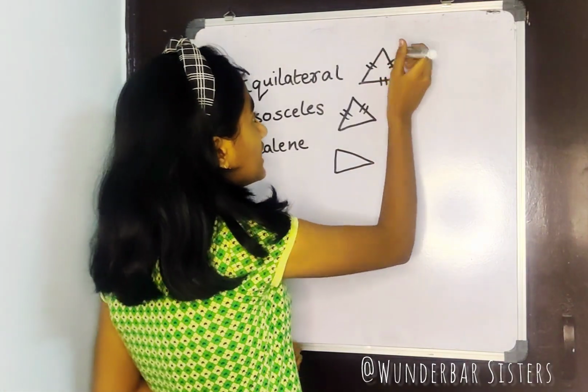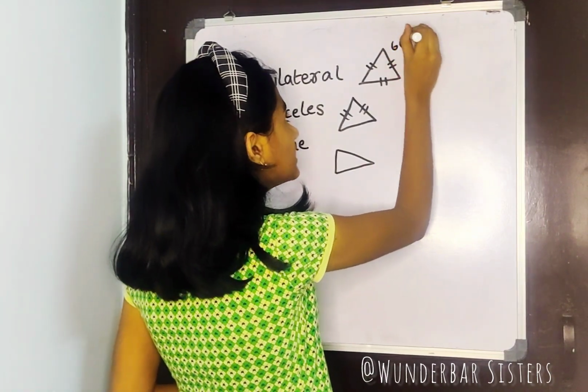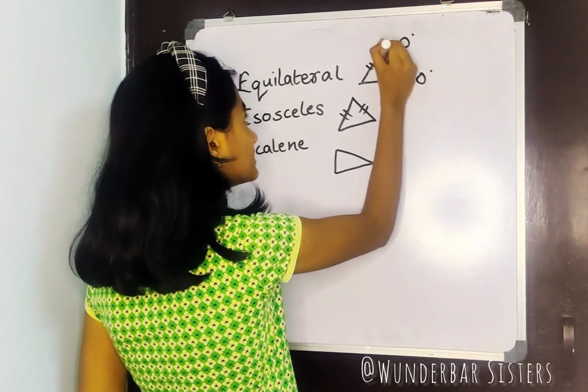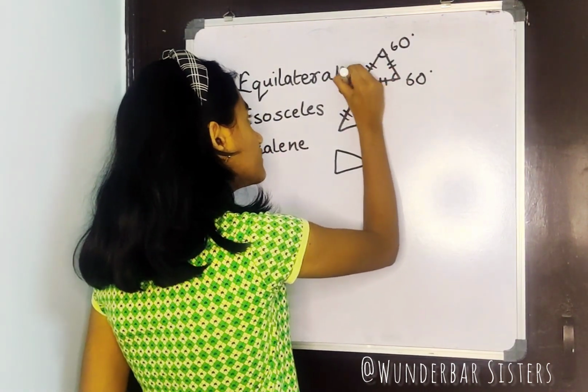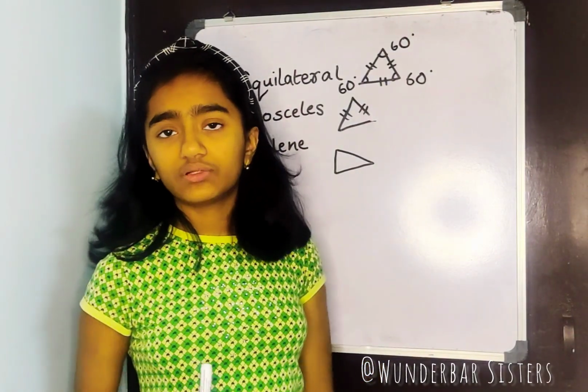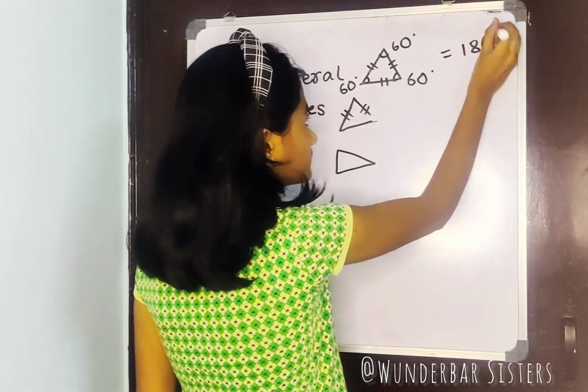So each angle of an equilateral triangle is 60 degrees. Same goes for all 3 sides of an equilateral triangle, and so the sum of all the angles of an equilateral triangle is 180 degrees.